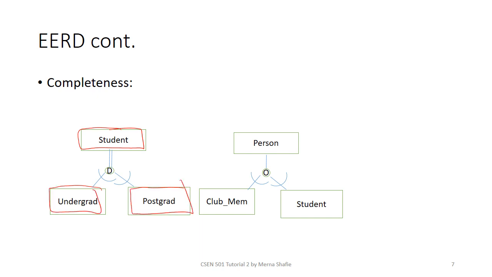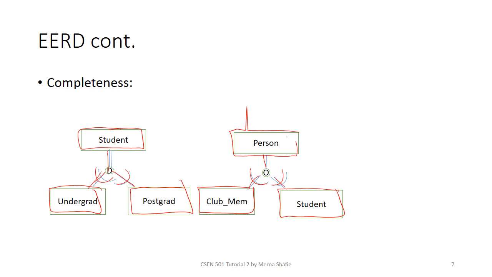This example you should have seen in the lecture. طيب, عرفت منين ان دول subclasses وان ده super class؟ عشان في cup بص لفوق وهنا في arrow بيحدد لي مين السب كلاسز ومين السوبر كلاس. طيب بعد كده عندي هنا another EERD، عندي person، عندي club member وعندي student and these are the subclasses و this is the super class as we have seen من الكب.